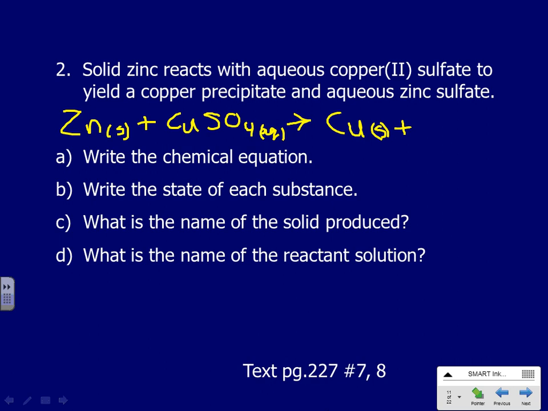Yep. ZnSO4, because what's the charge on zinc? We do need to know that, because charge on zinc is 2, and what's it on sulfate? 2, so yeah, we're good. And what letters get there to indicate its state? What am I putting there? AQ. Excellent. Very good.